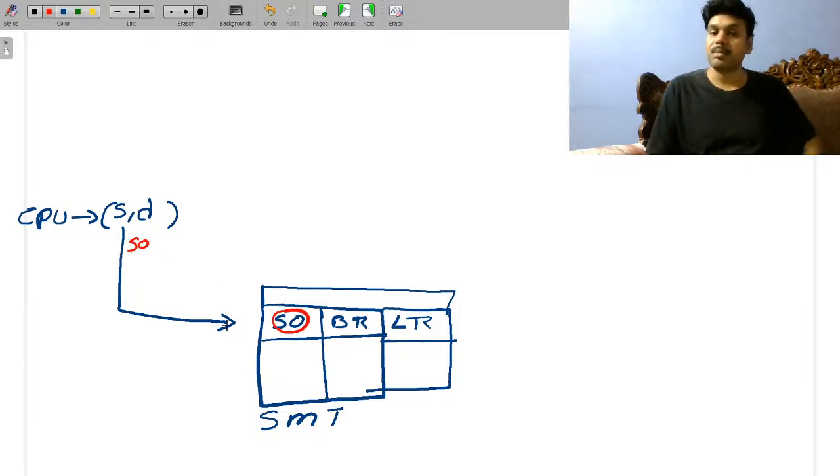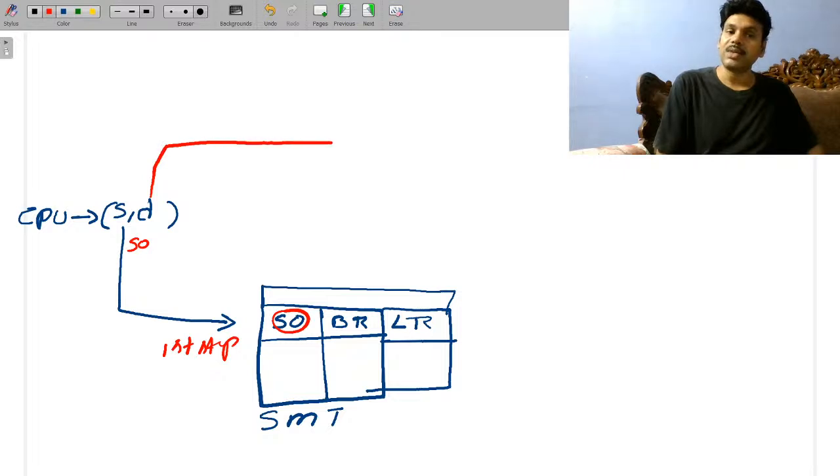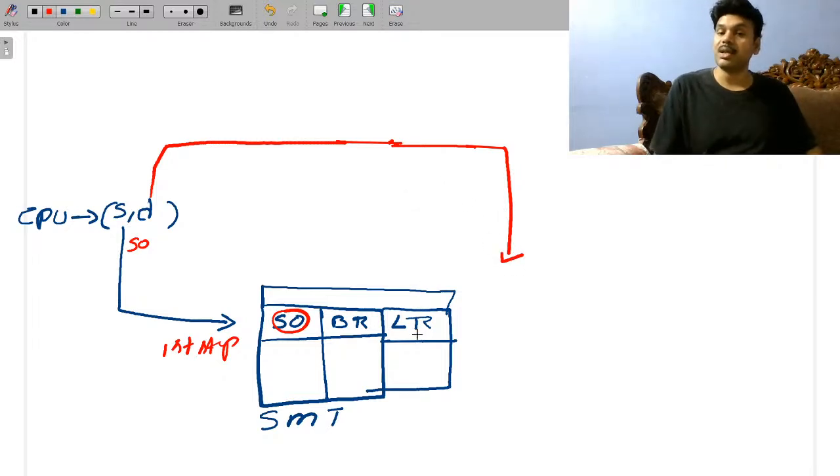Now the second step, this is your first step, and the second step, validation required. Your requested size should be less than or equal to your limit register. So we are doing validation here: D less than or equal to LR. This is your second step.